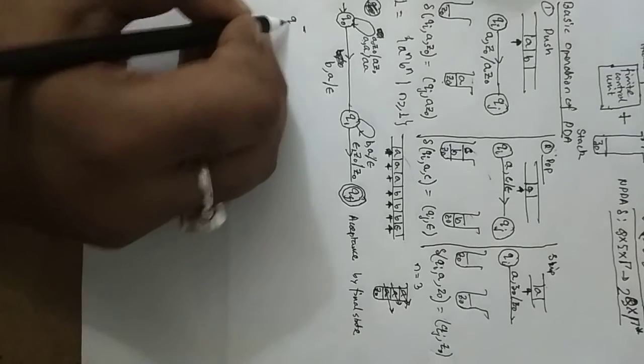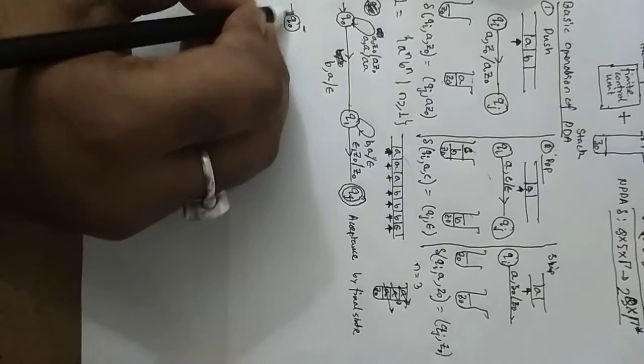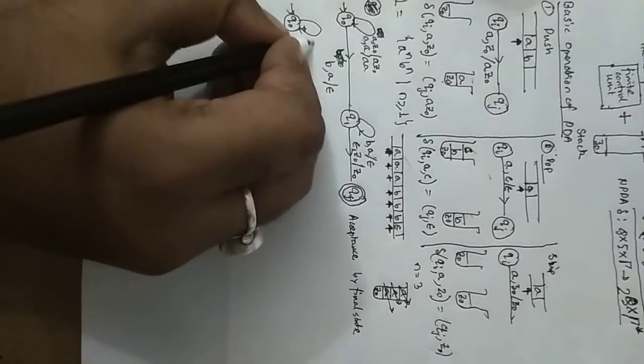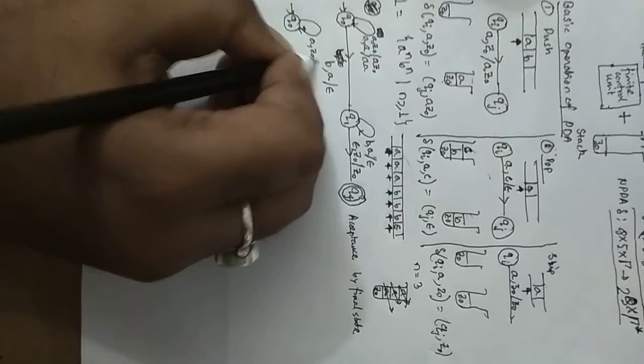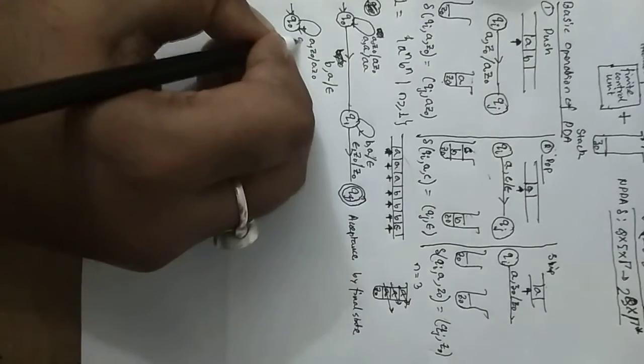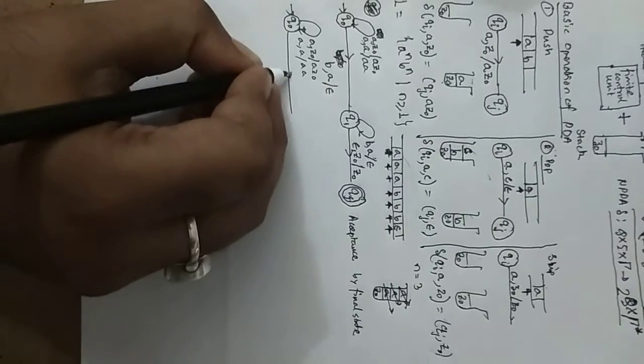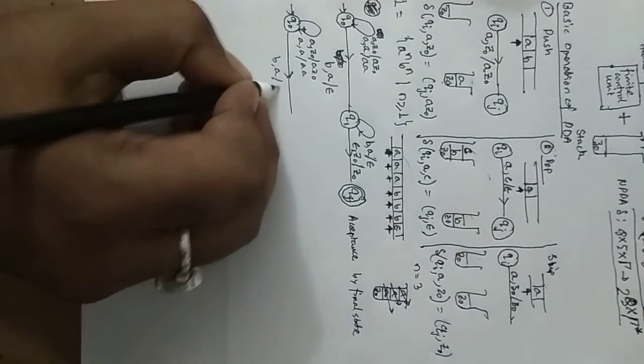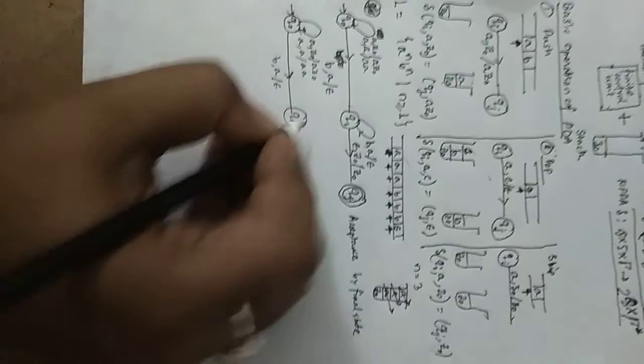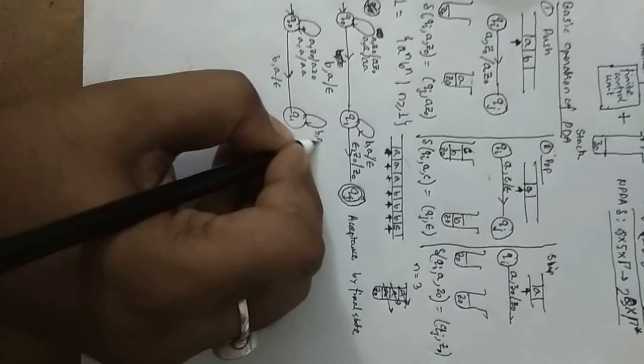Same thing, just a slight difference over here. Again A comma Z0, A Z0, A comma A, B A, this one Q1, all this will remain the same.